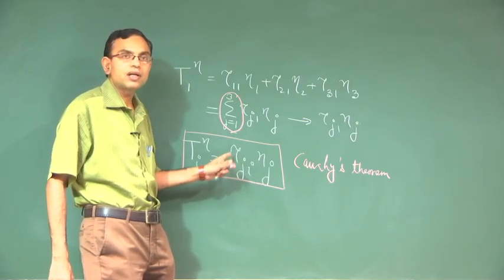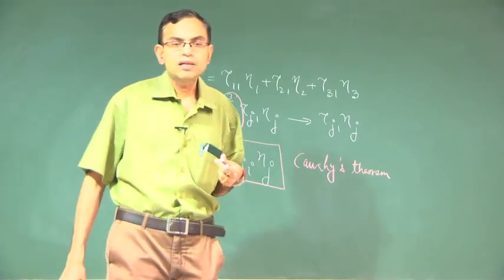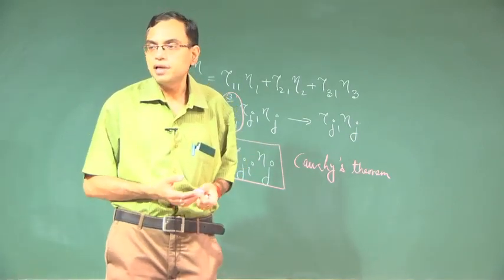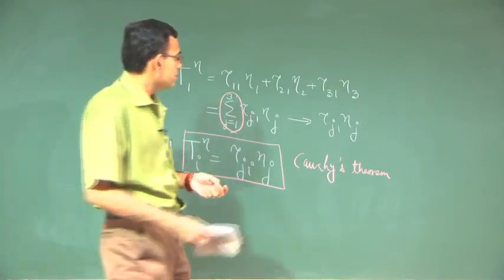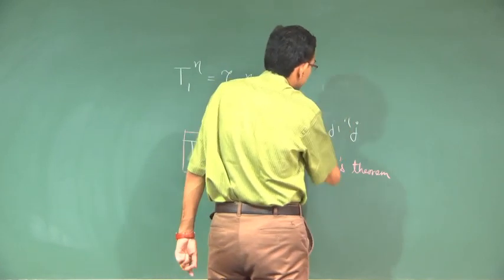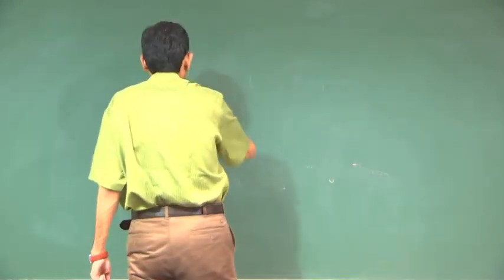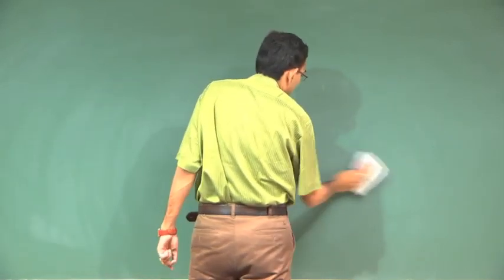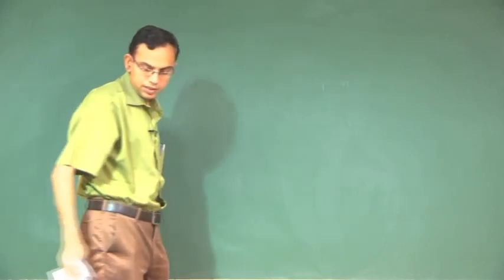So, there are a total of 9 components, but we will find out that out of that 6 will be independent and not all the 9. So, to bring that out, we will briefly have an angular momentum consideration.